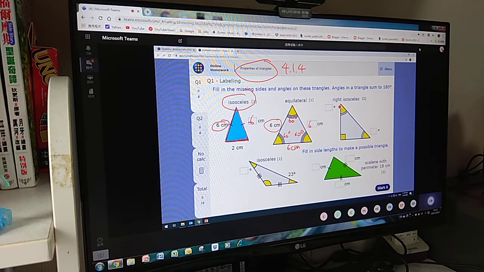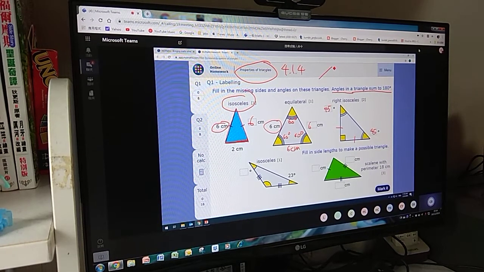So the third one is the right isosceles triangle. Okay, that means this side and this side are equal. So the angle for this one and this one is 45 degrees. Okay, because remember the sum of angles in a triangle is 180 degrees.